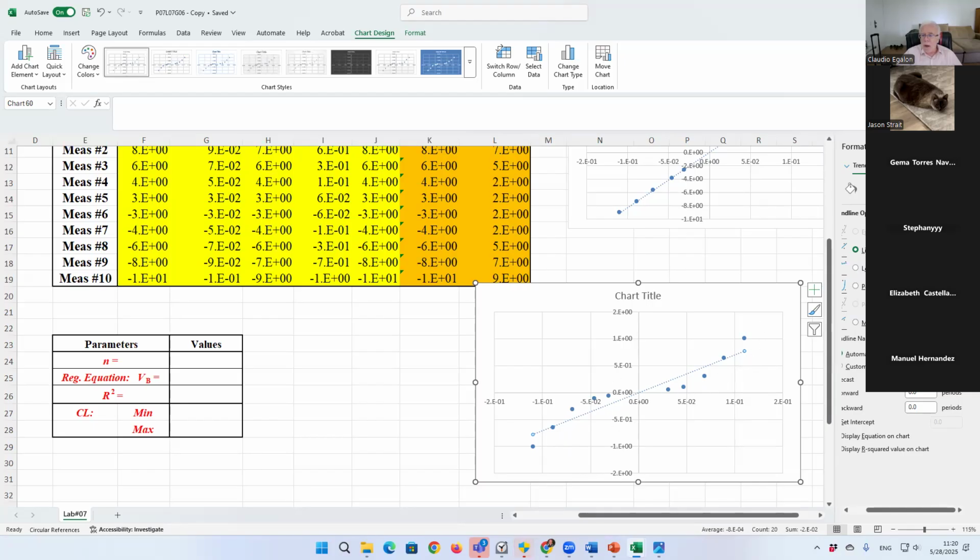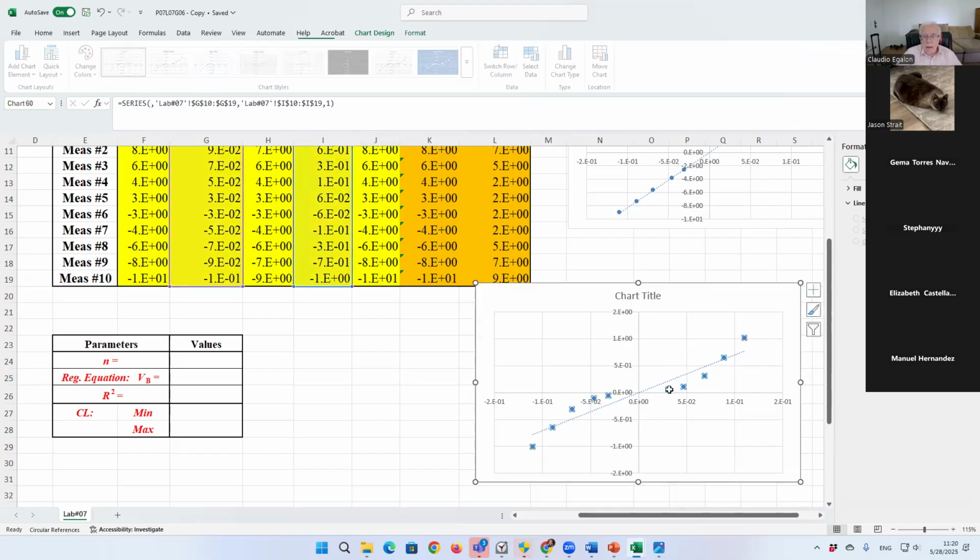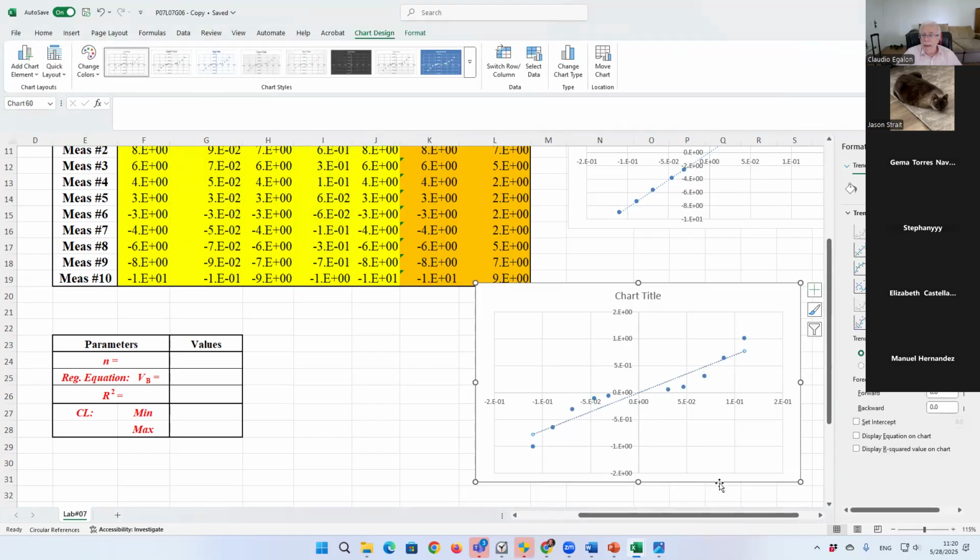If you do a parabolic regression, it doesn't change much. But if you do a third order polynomial regression, increasing the order to 3, now we have a curve fit that is much closer to the data points.